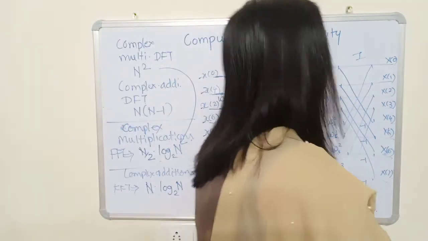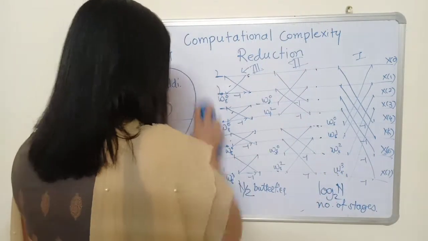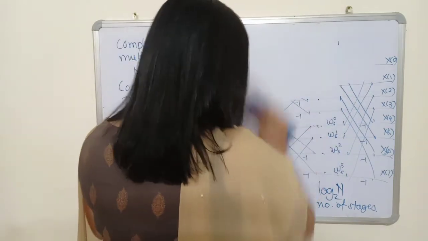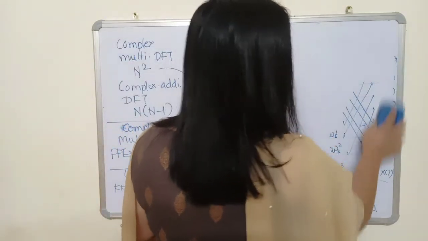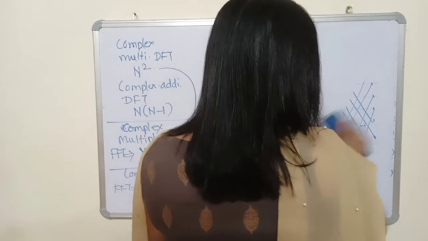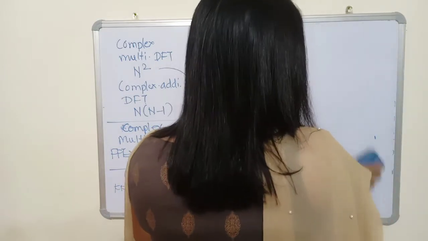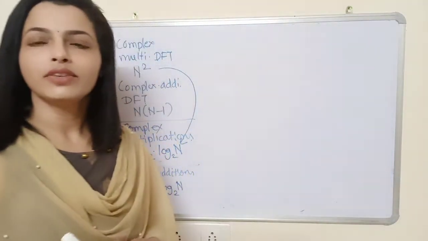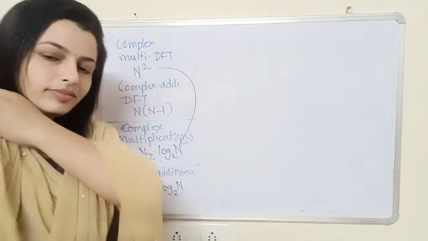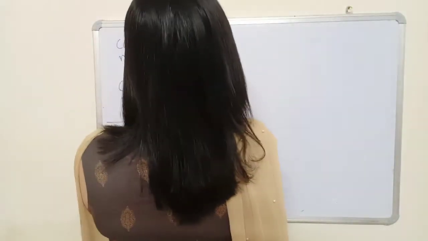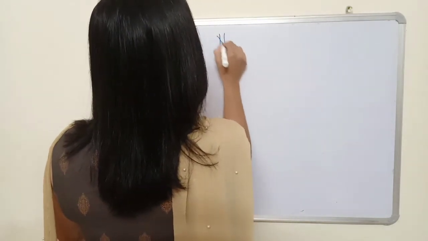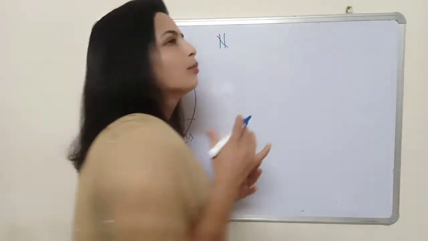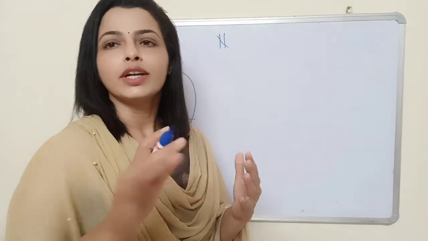We'll see some examples. We'll take some numbers and compare the computational complexity. We'll see the speed improvement factor. So we will take n, the number of input points, and just compare the complex multiplications.